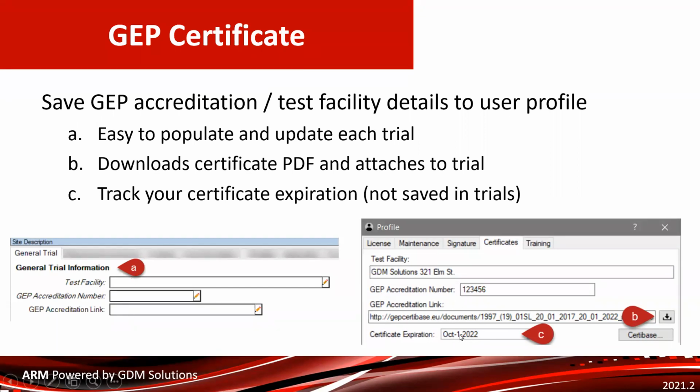Then in the middle of October, I realized, oh, my certificate expired. I have received a new one. I can update this information, update the trial details, and it will attach the new certificate. So now that trial will have 2 certificates attached. It will have the original one that was valid up until October 1st, and then the new one that applies from October 1st onward, so it allows for both of those.